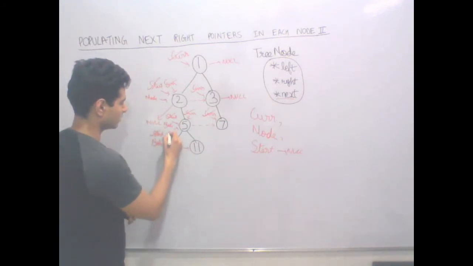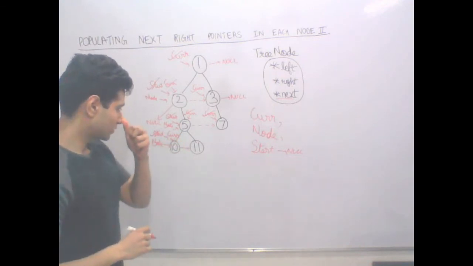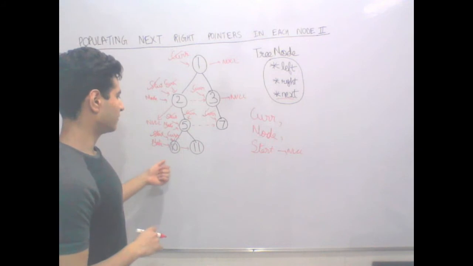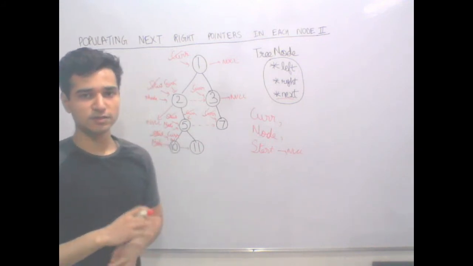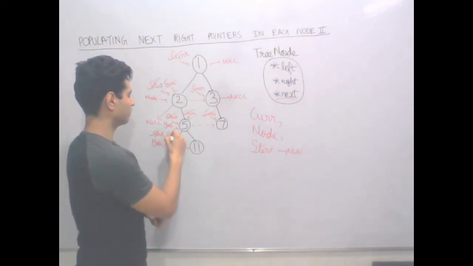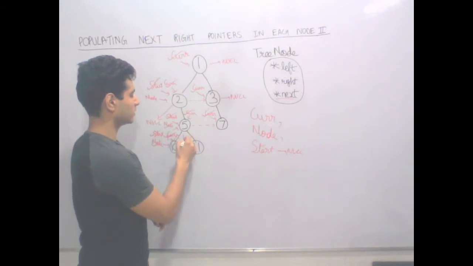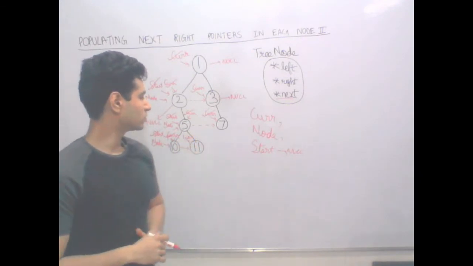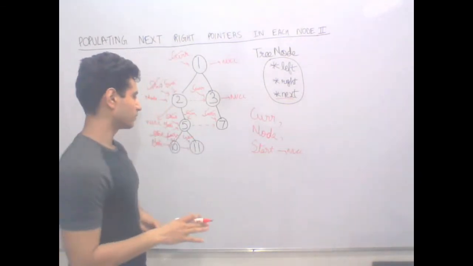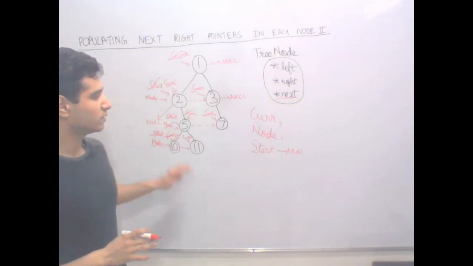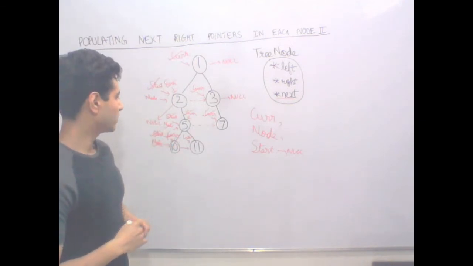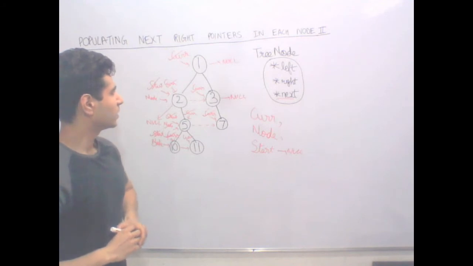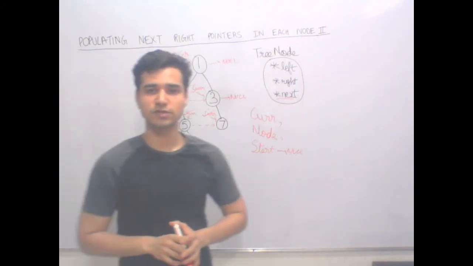Current is at 10 now, because current's left and right pointers do not exist. We will just skip this node and move to 11. Its left and right pointer do not exist, so we also skip this node. So now we are done with the question, and this algorithm would work, and we have solved this optimally.